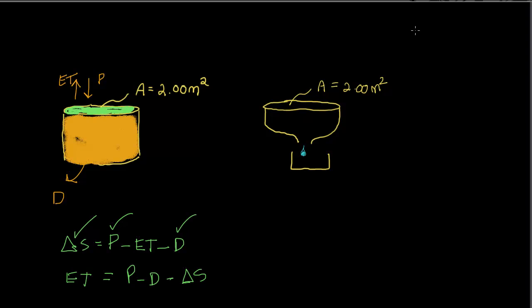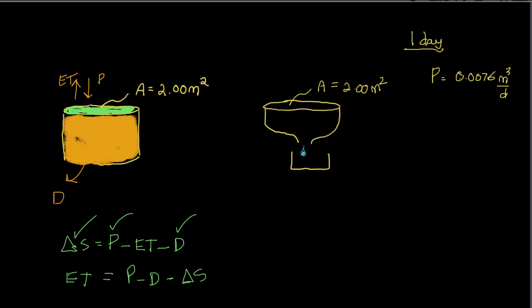So it's going to be a 1 day experiment. And after 1 day, we're going to capture in our rain gauge 0.0076 cubic meters of precipitation, of rain, of water. So that's going to be our precipitation in, 0.0076 cubic meters per day.